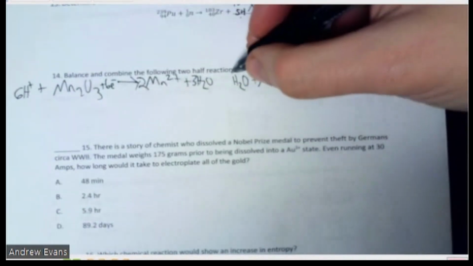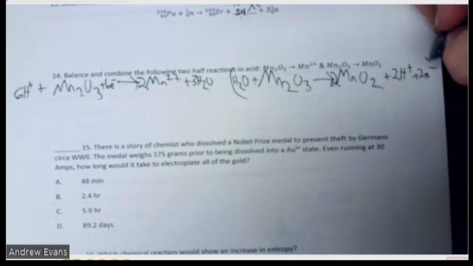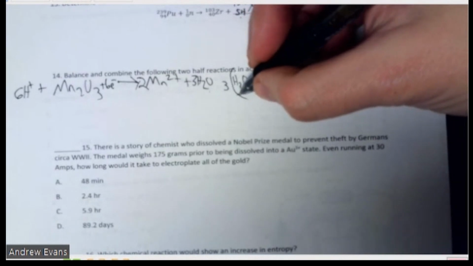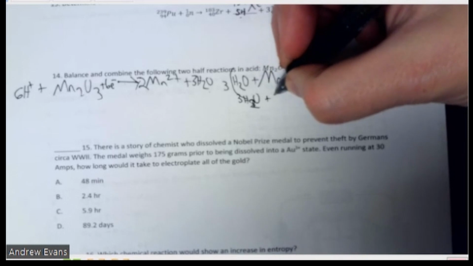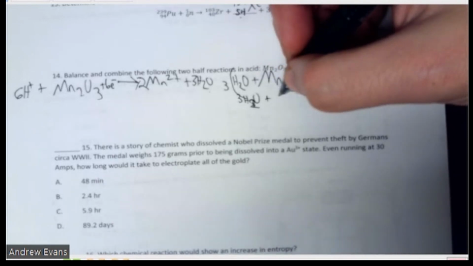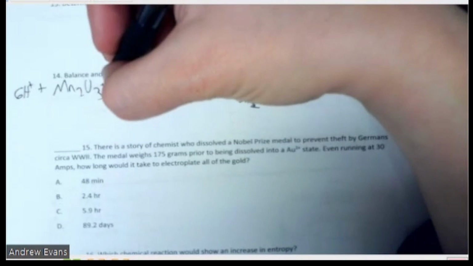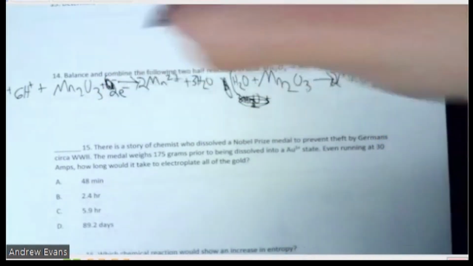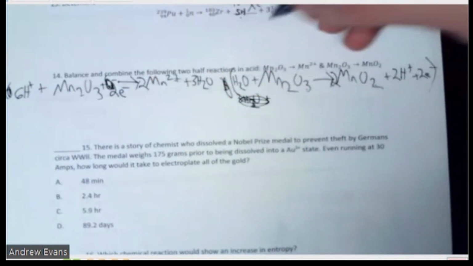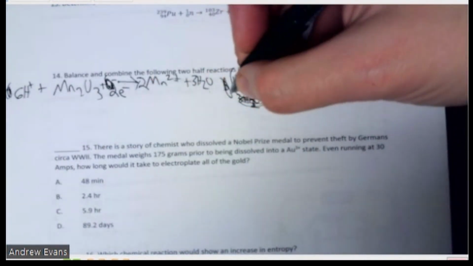We triple this up. 3 waters. Oh, wait, shoot. No, my bad. That doesn't have 6 electrons, because that's 4 plus, and that's 6 plus. So that has to be 2 electrons. It's 2 electrons because 6 plus, 2 times 2 is 4 plus.